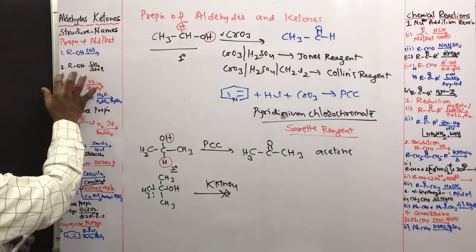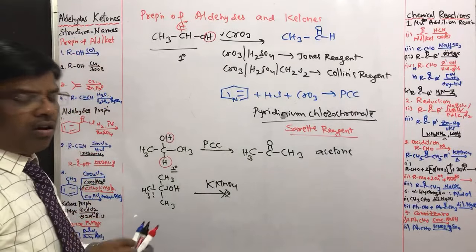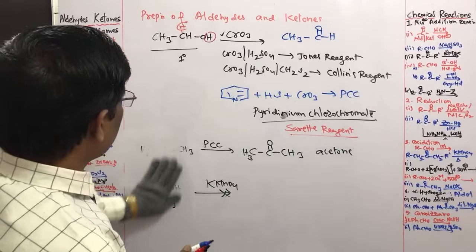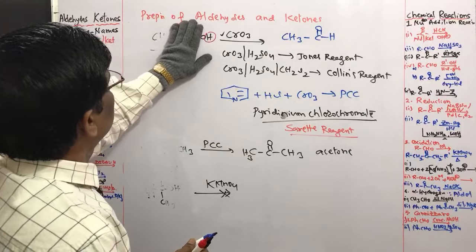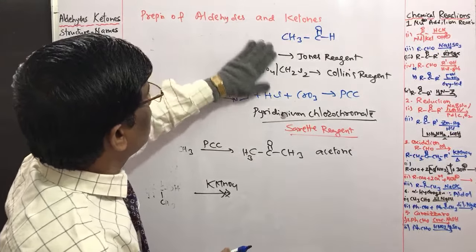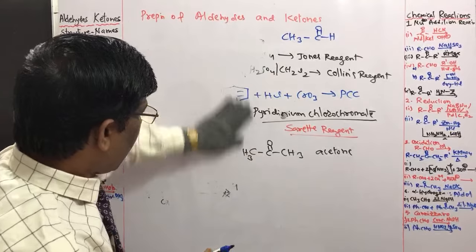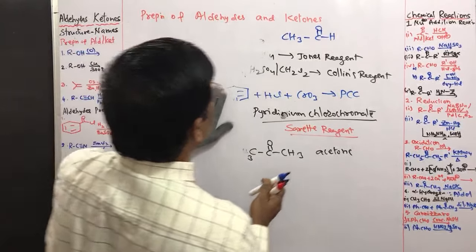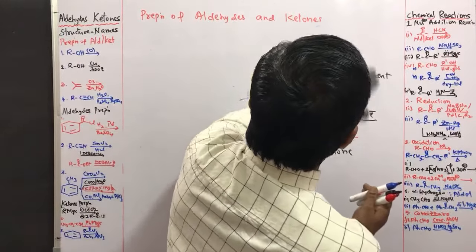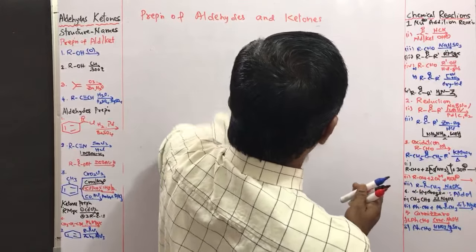Then another method, which I explained during the alcohol chapter, is passing alcohol vapor through a red copper tube at high temperature; it is going to give aldehydes or ketones.